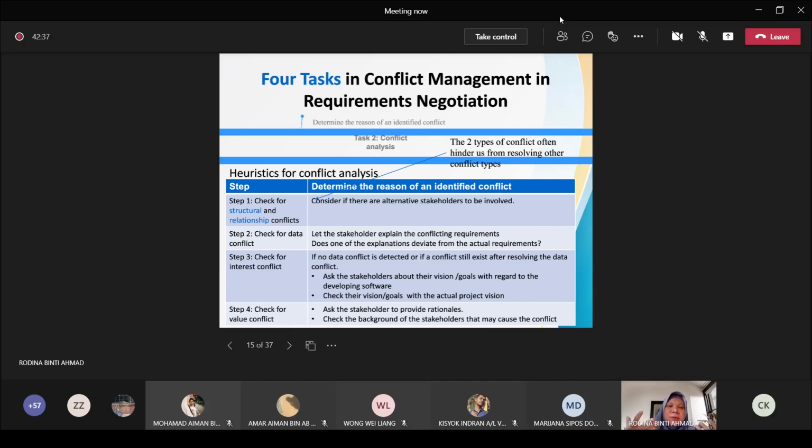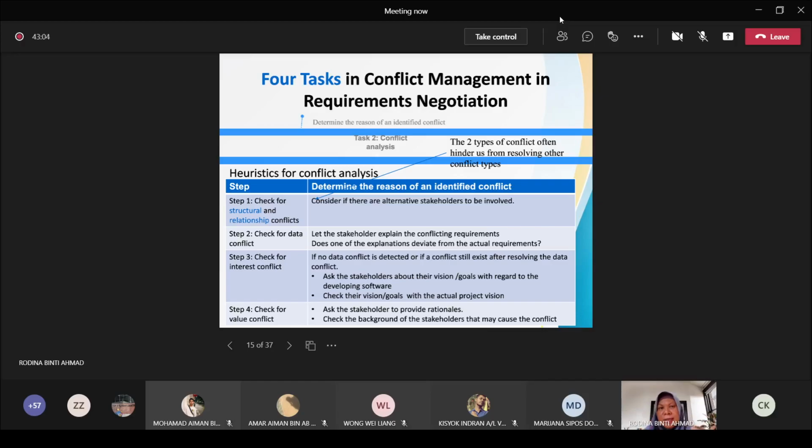You need to check whether they actually have the correct information or not. If there are two stakeholders involved in the conflict, then you might want to ask stakeholder A, what do you understand about these requirements, and then ask stakeholder B as well. So you can see whether they are lacking, or maybe they have incorrect information about requirements. So you have to supplement them.